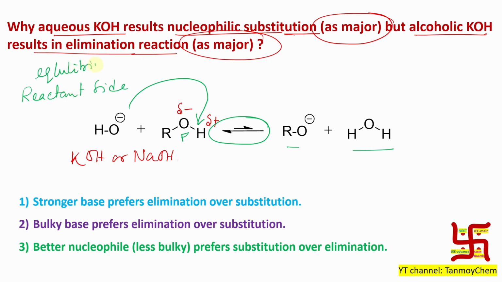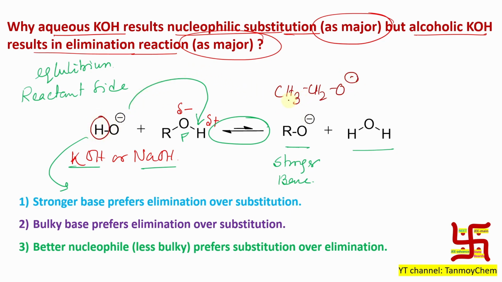Why? Because here, ROH is a stronger base compared to this OH. Actually, hydroxide is relatively weaker than RO minus. It is also a strong base, KOH, NaOH, but it is relatively weaker than this RO minus. As for example, you can consider ethoxide, from the common solvent ethanol. So from ethanol you get ethoxide, and here if you compare, it's hydroxide. Look at the hydrogen and ethyl group.